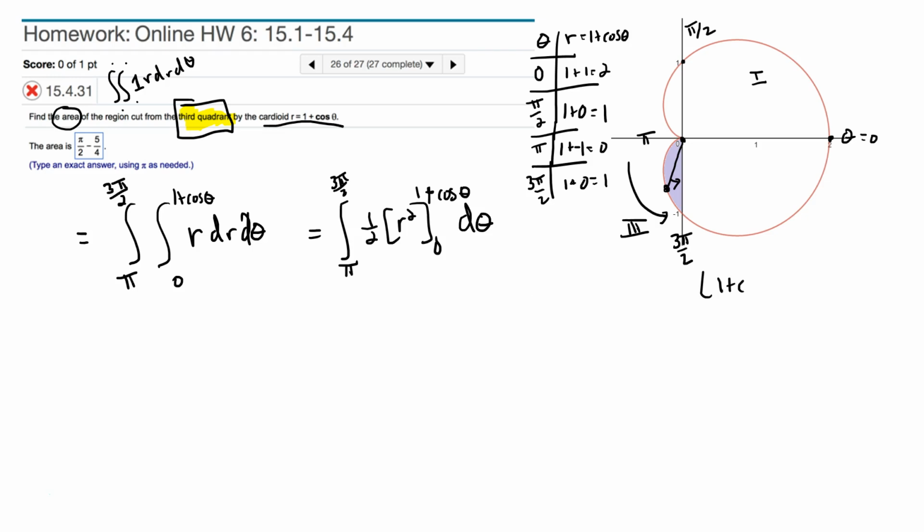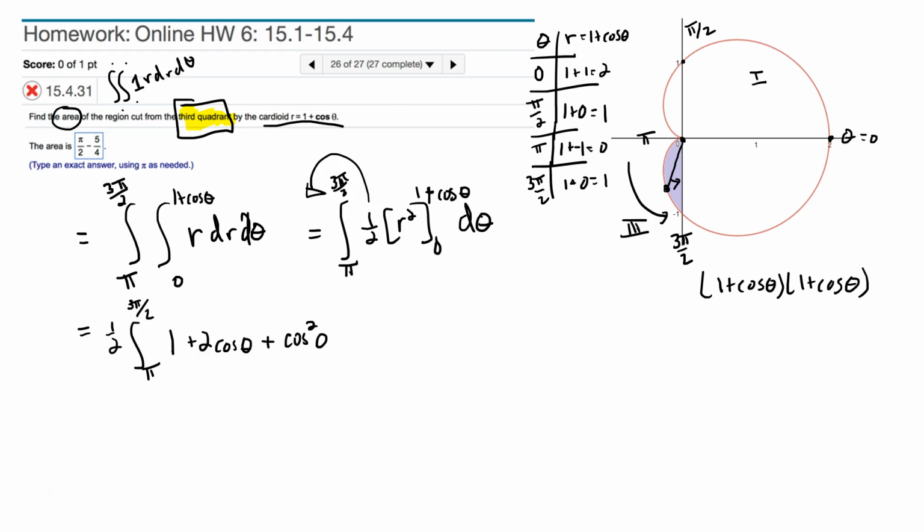When you square out 1 plus cosine theta, you end up with, let's pull the half all the way out, 1/2, the integral from pi to 3 pi over 2. We get a 1, we get 2 of those cosine thetas, and then we get cosine squared on theta.